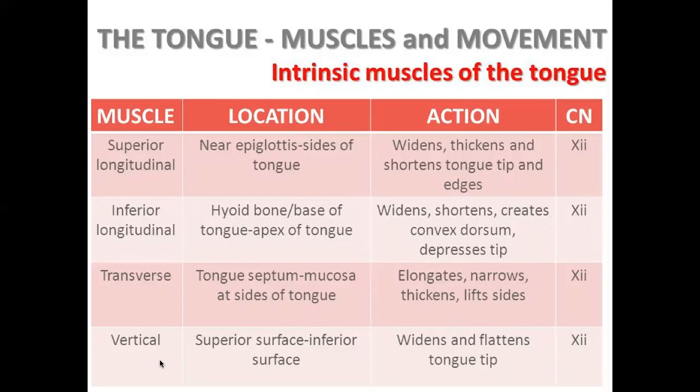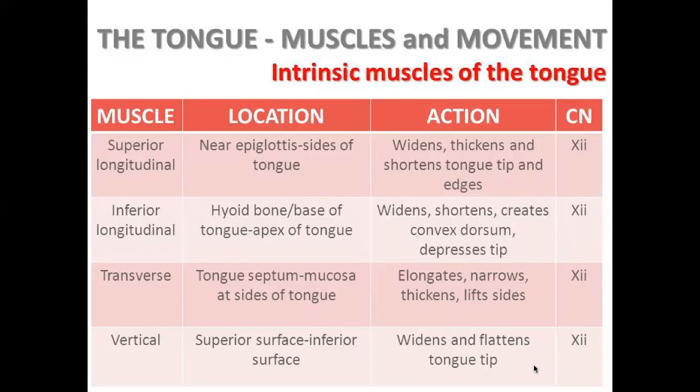Vertical muscle, what does it do? It widens the tongue and flattens the tongue tip. The muscle fibers are vertically present, so when they contract, the tongue becomes wider and flatter.